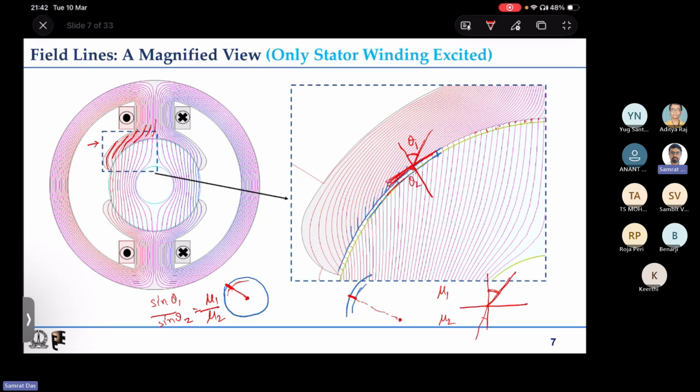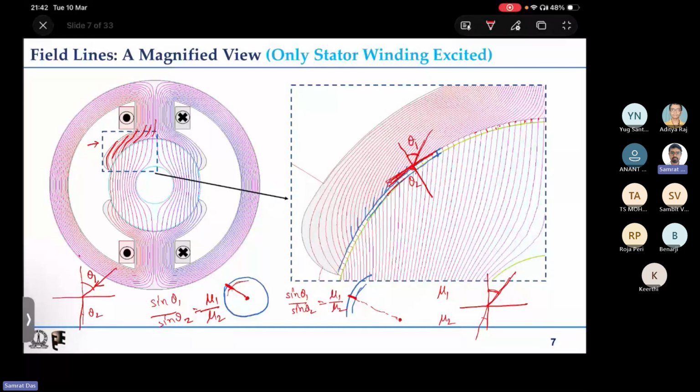I'll probably expand. So this is the vertical line, flux lines are coming like this, very near to the surface. So this is theta 1, and they are going something like this, theta 2. So sine theta 1 by sine theta 2 equals mu 1 by mu 2.